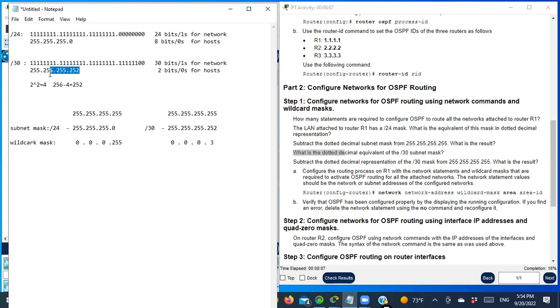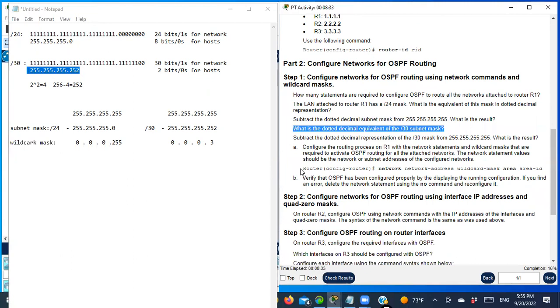So the subnet mask of /30 is 255.255.255.252. Now subtract the dotted decimal representation of the /30 mask from 255.255.255.255.